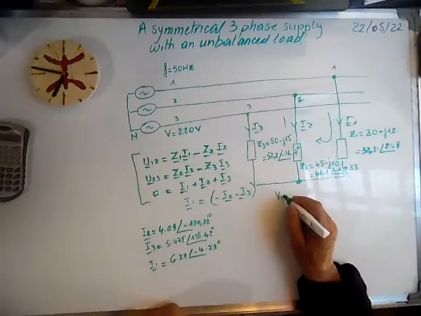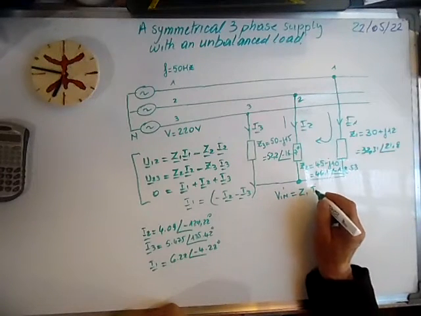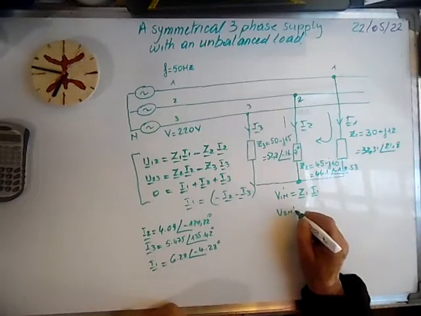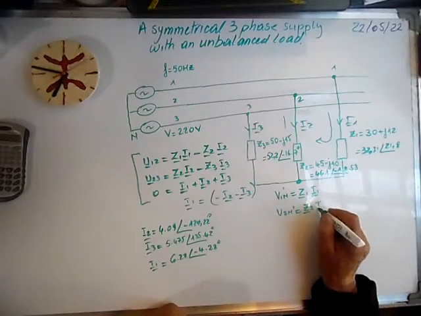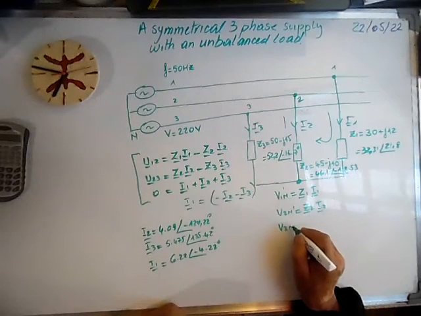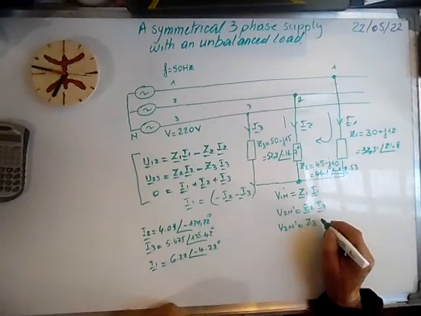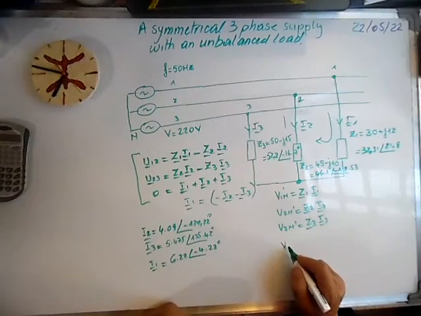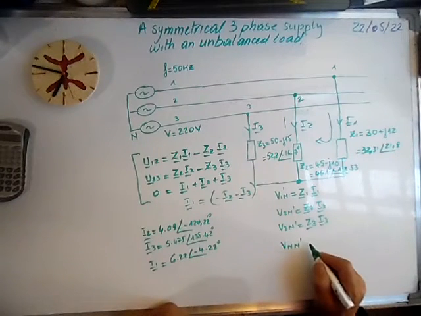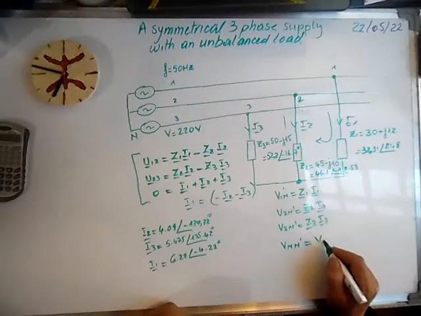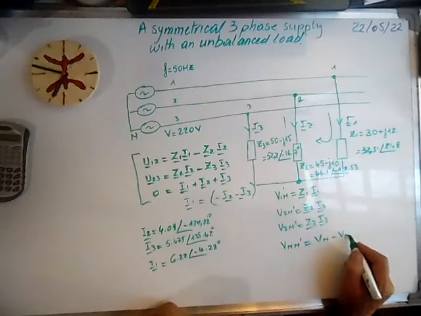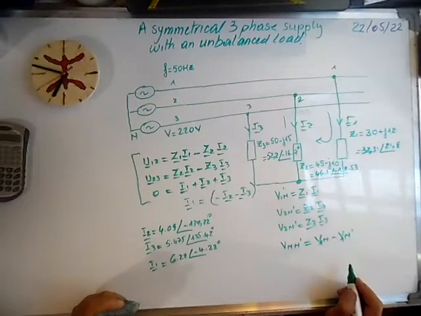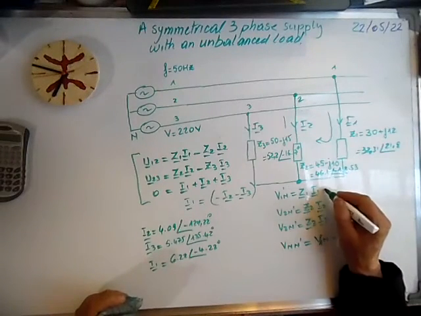So V1n' is Z1 times I1, V2n' is equal to Z2 times I2, and V3n' is equal to Z3 times I3, and VnN' is equal to Vn minus Vn', or let's call it V1n minus V1n'. Let's calculate this.